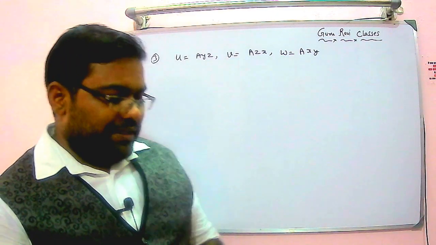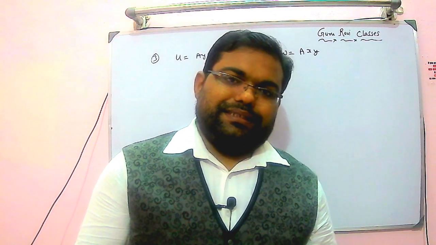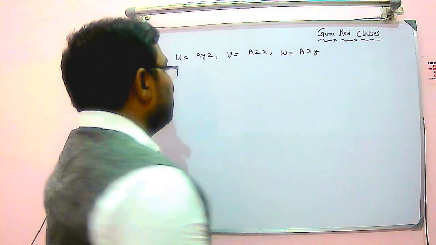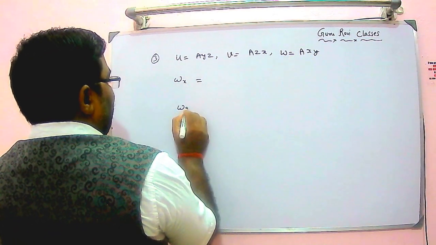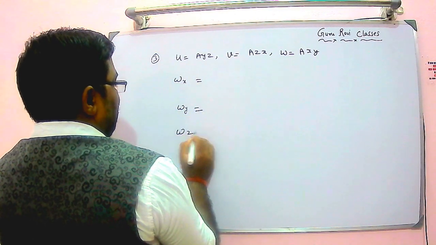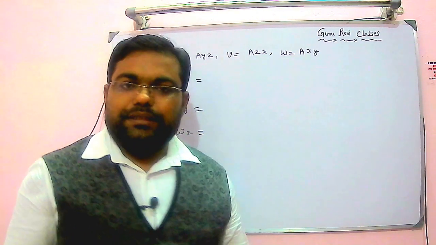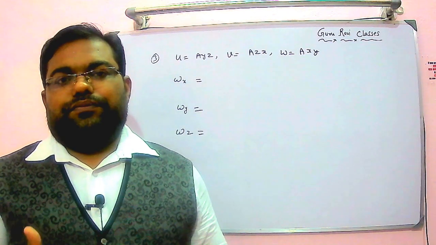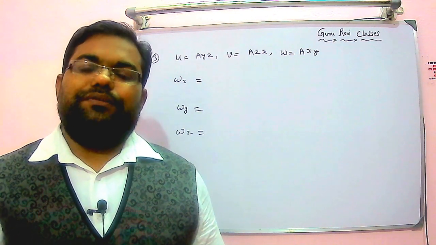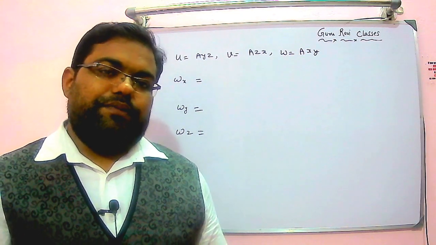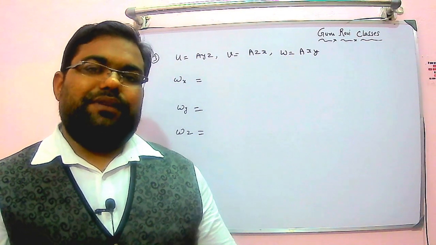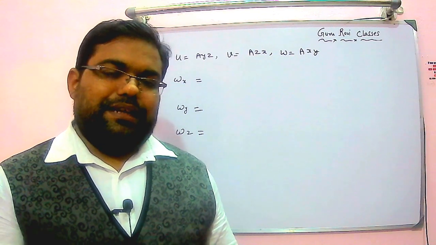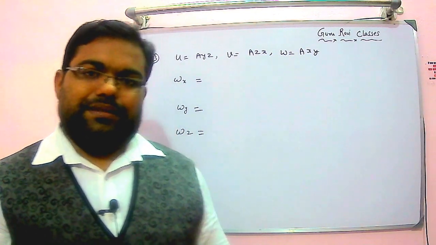I will go with the first case, that is the rotational components. So ωx, ωy, ωz, I will find out. If all these are 0, I will say irrotational flow. If I am getting a value for any one of the components, then I have a definite value of rotation, and I can say that the flow is rotational. Clear or not?